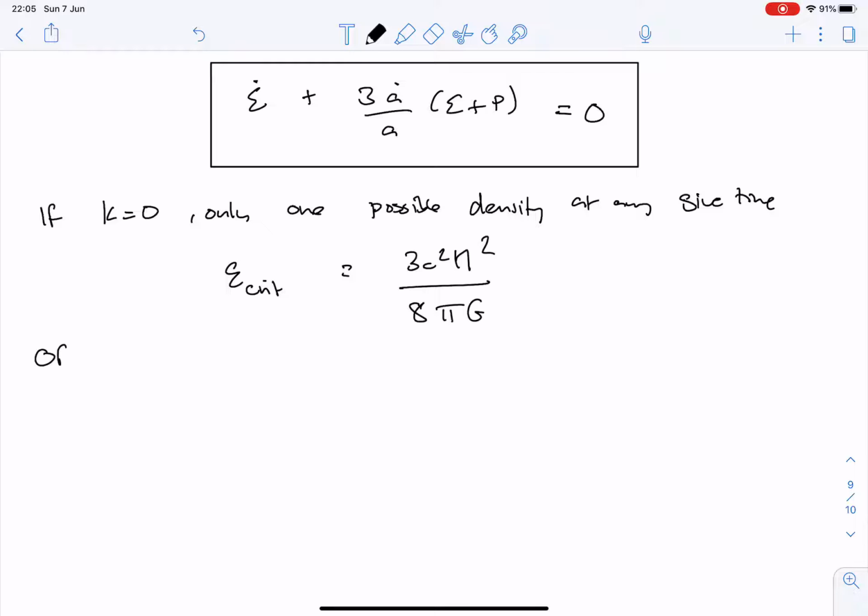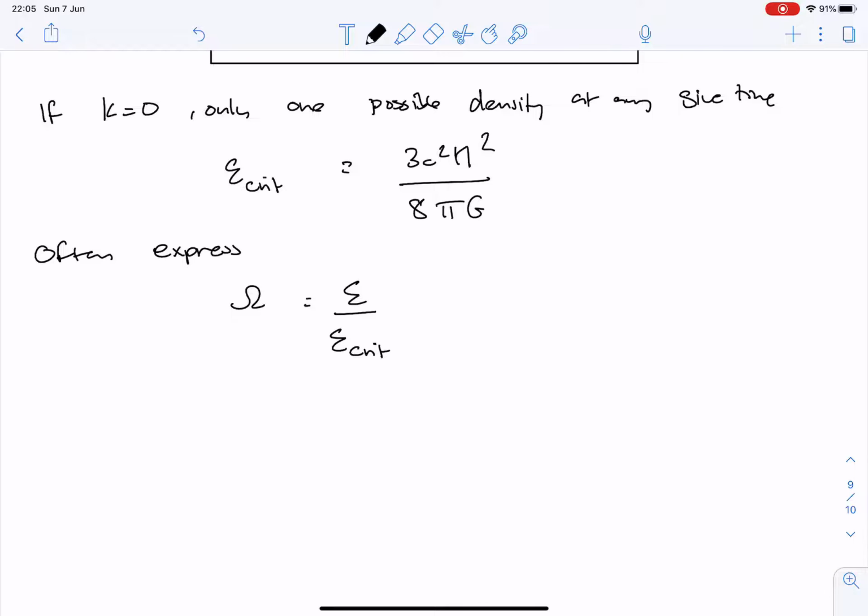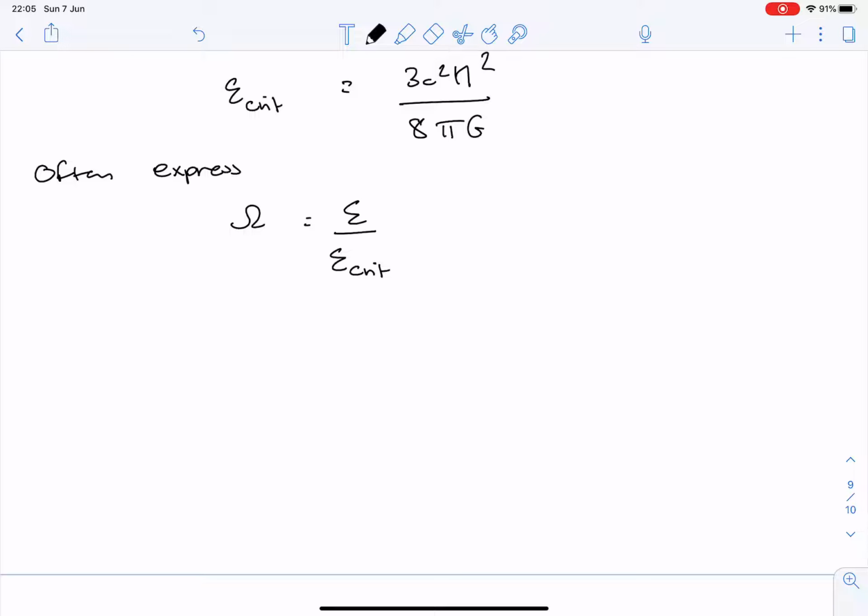And just for convenience, we often express this as a parameter omega, which is equal to E over E crit. So for example, earlier when I said that matter was 27%, or 4% plus 23% for baryonic and dark matter of the density of the universe, what I meant was that omega matter equals omega baryons plus omega dark matter equals 0.04 plus 0.23 equals 0.27.